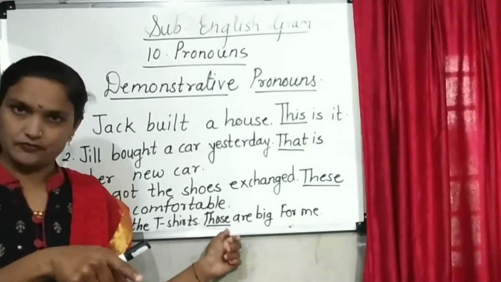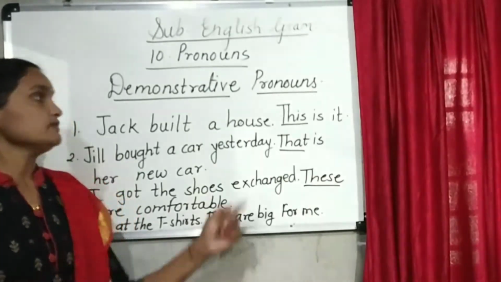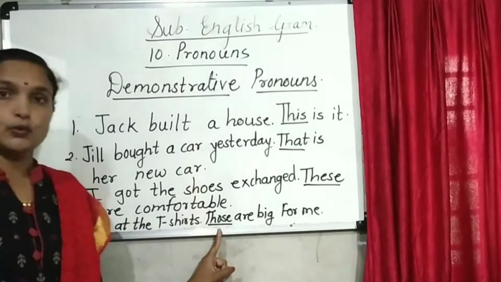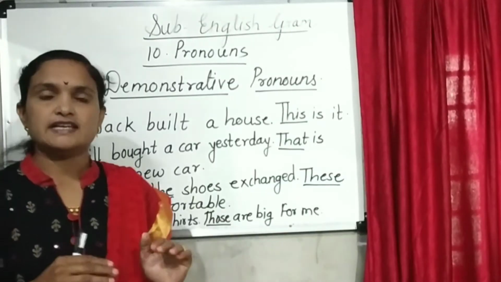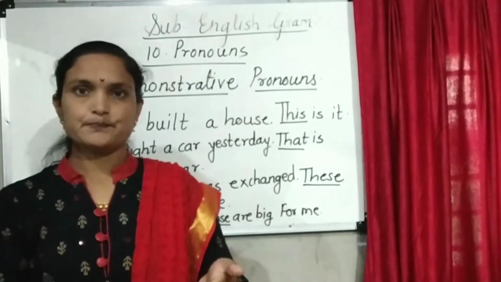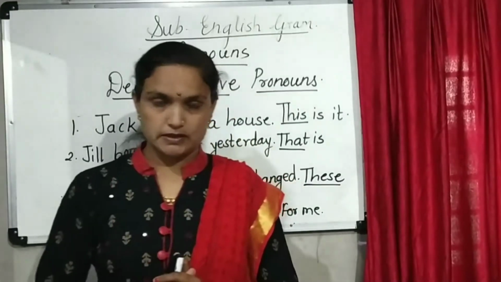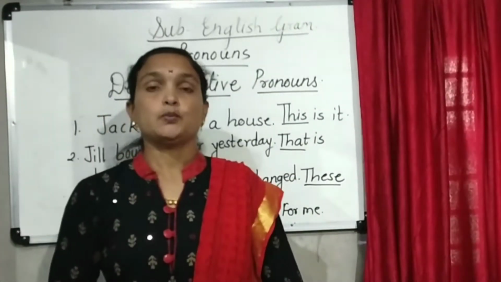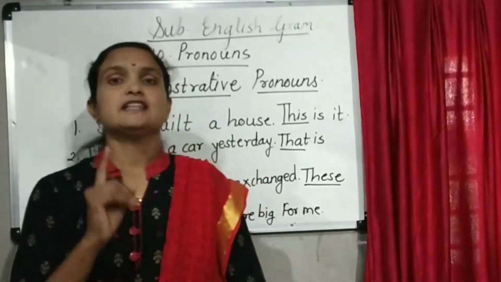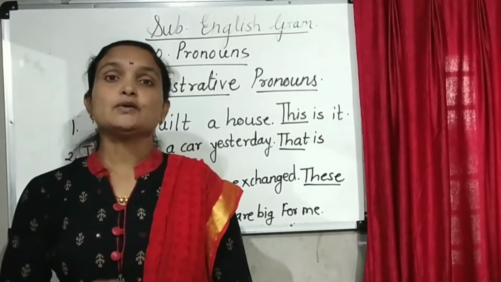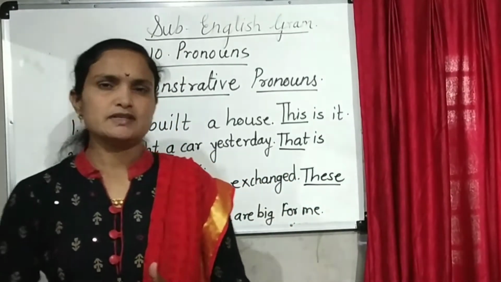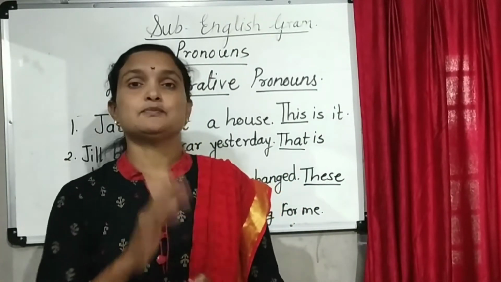So these words, this, that, these, those, are showing us something, pointing out something. So that's why they are demonstrative pronouns. So these are the demonstrative pronouns. Let's learn more about these pronouns. Okay?